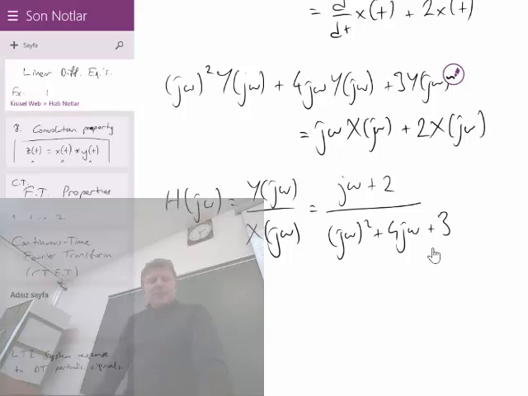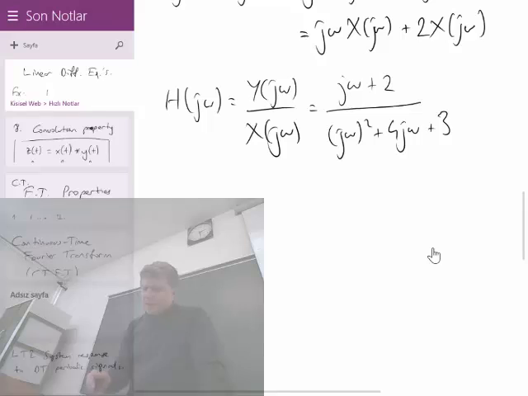Now, in order to solve these things in terms of two additive exponential components, you have to do it that way. I don't recommend that you find it in the form of multiplication of two first order systems, but try to do it in the form of a sum of two first order systems.